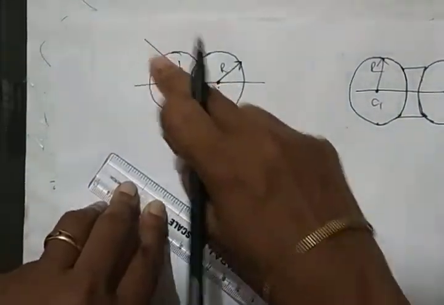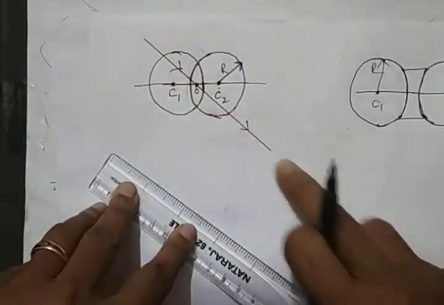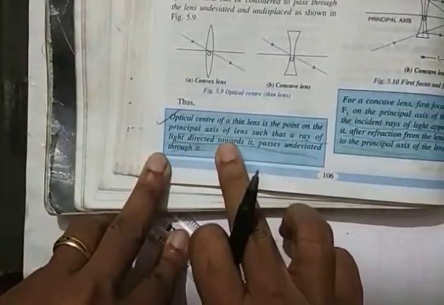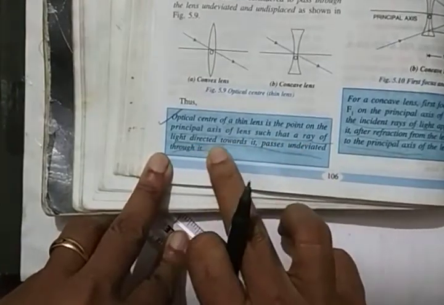So that's the definition of optical center. You can strike off the other one. This is a little complicated one.